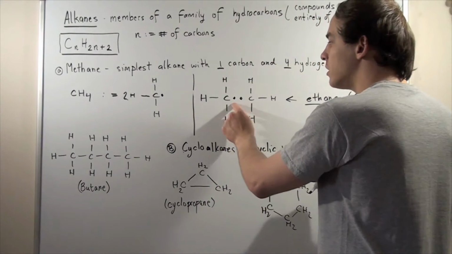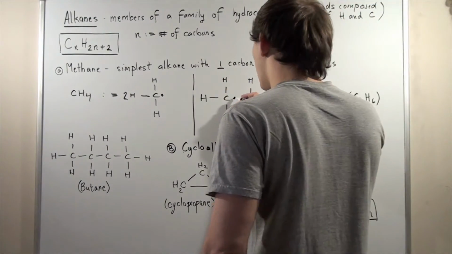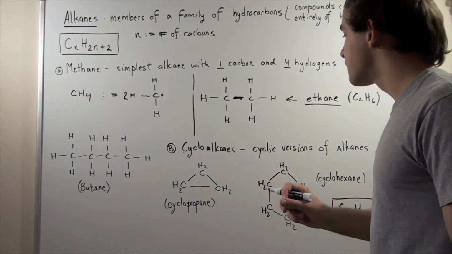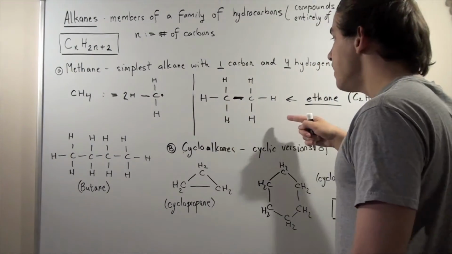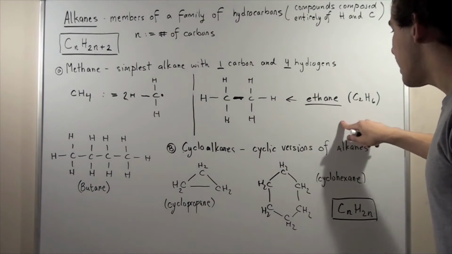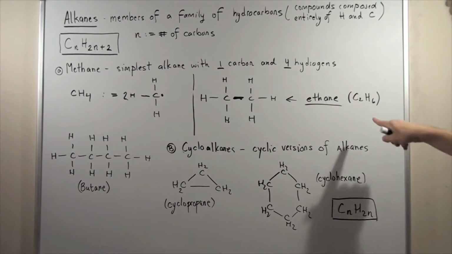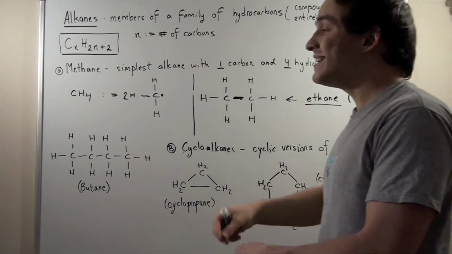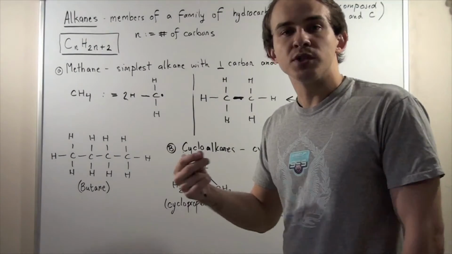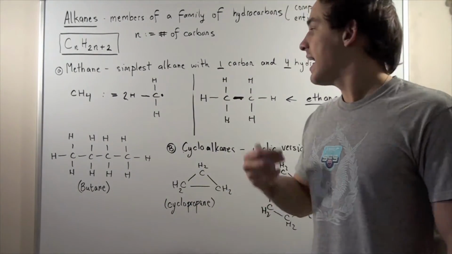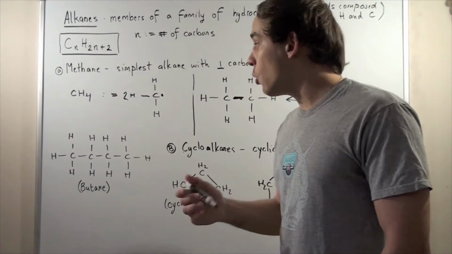So, these 2 electrons interact to form a covalent sp3 hybridized bond, and I form a compound with 2 carbons. So now I have ethane, which has the molecular formula C2H6. Now I can continue doing this to produce propane, butane, pentane, hexane, heptane, octane, and so on.